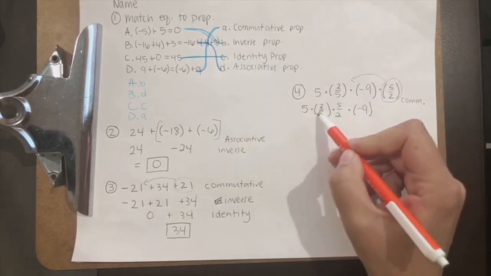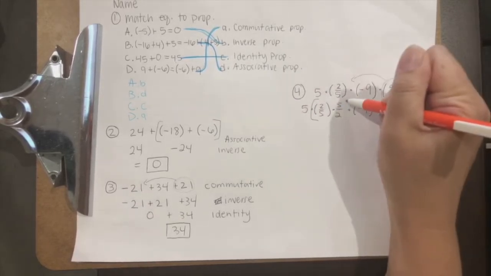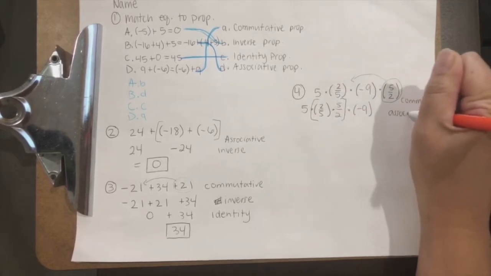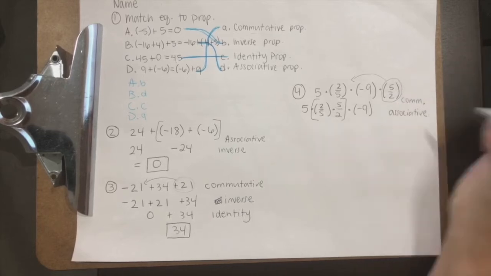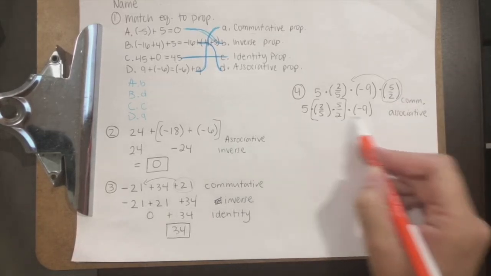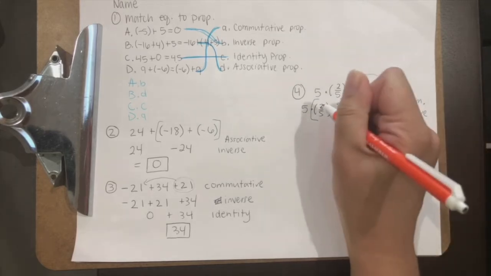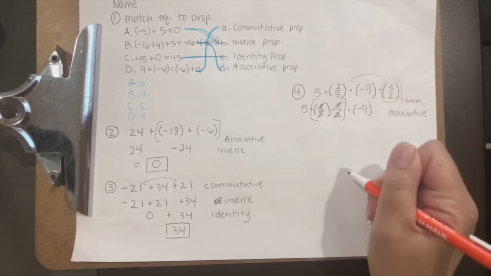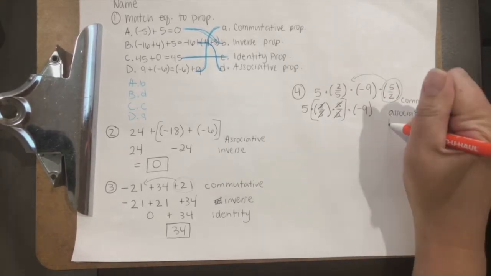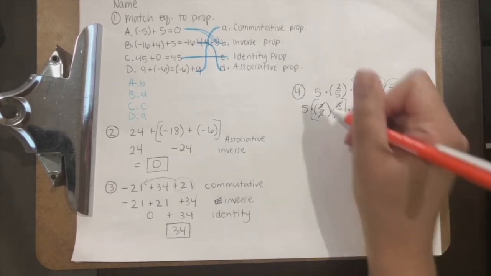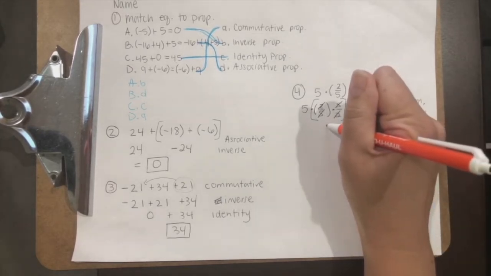And if I then use associative to do these guys first, so associative property of multiplication means I can do these ones first because I can do them in whatever order I want. So the 2 and the 2 cancel, the 5 and the 5 cancel, and this is the inverse property where they cancel out and they equal 1.